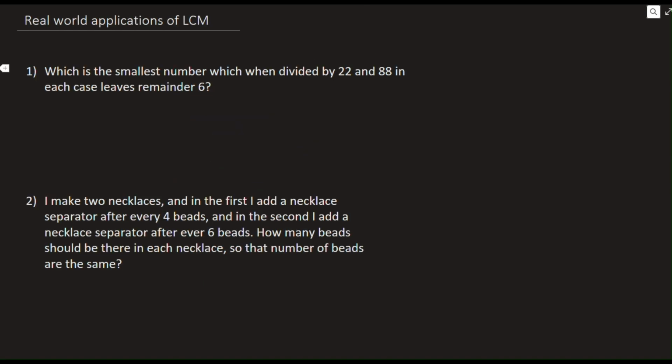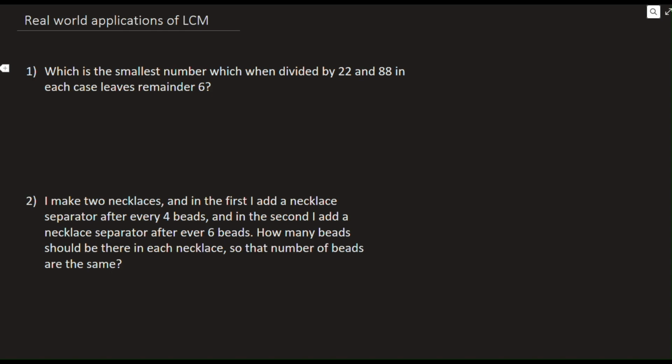Next, I do some real life application sums in LCM. In the last video of HCF, you learnt a real world application sum of HCF, where you have two numbers and you find the greatest number which can divide both and leave a remainder. So the number divides the two numbers, so it is a divisor and it is the greatest common divisor.